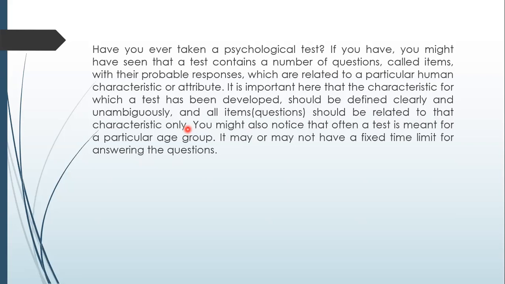You might also have noted that often a test is meant for a particular age group. Yes, there are intelligence tests, like verbal based tests. In childhood, you may not be educated well enough to understand the questions, so those age groups will be 3 to 5 years or below 8 years.